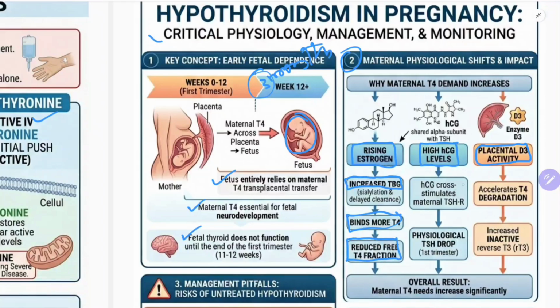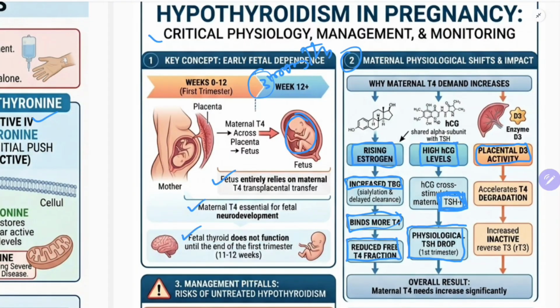High HCG levels will cross stimulate the TSH receptor, and the thyroid gland receives a type of negative feedback, so more thyroid hormones are not secreted. This is how there is a physiological TSH drop in the first trimester of pregnancy.